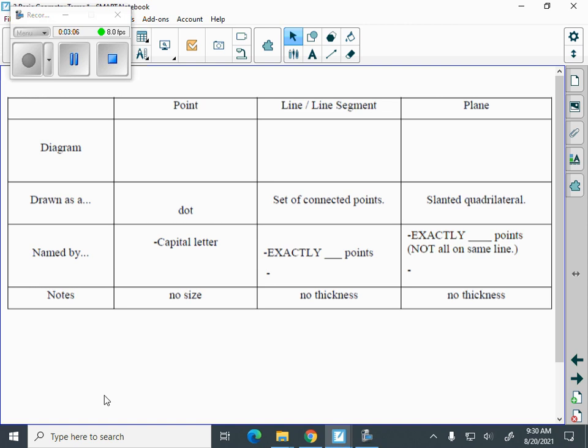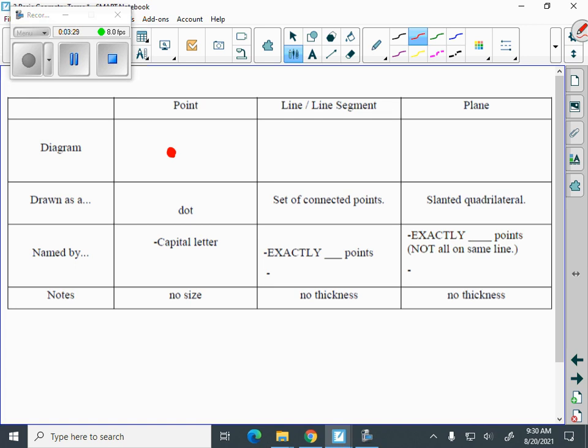So if we look at the diagrams here, a point, like I said a moment ago, is simply a point, a period, maybe, if that works better on the video. We draw a point as a dot.